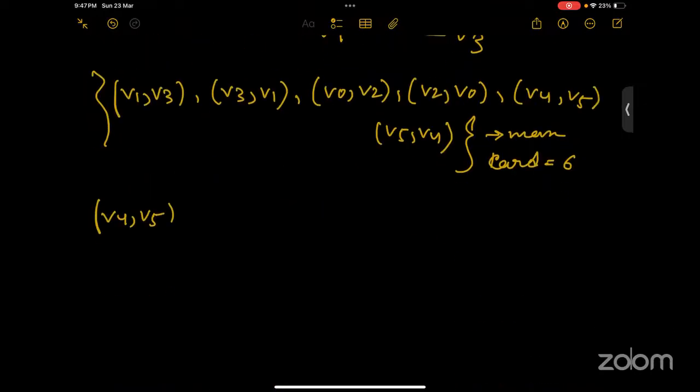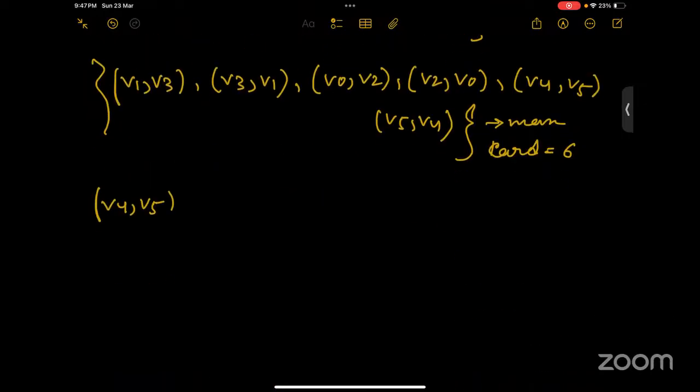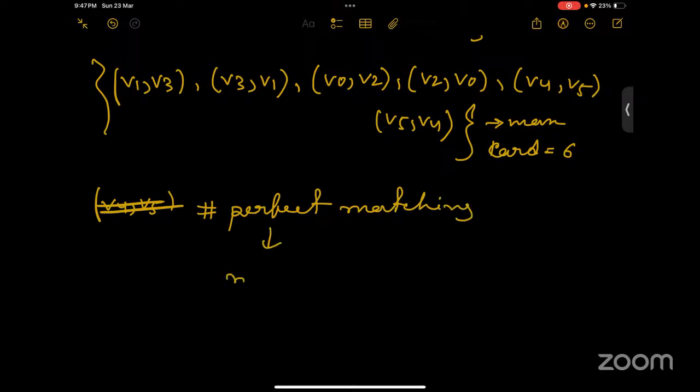Anything else? Okay, so now we have the new definition, perfect matching. What is a perfect matching? A perfect matching is, first, maximal, then it should cover all the vertices.